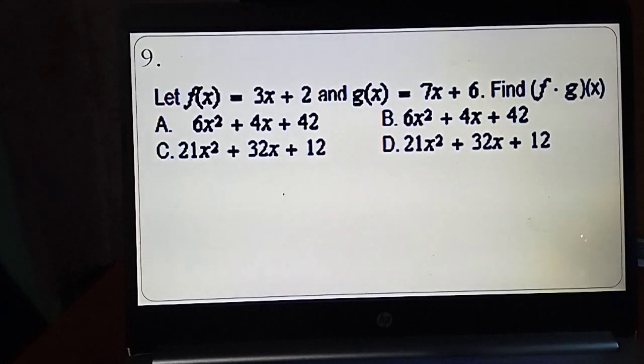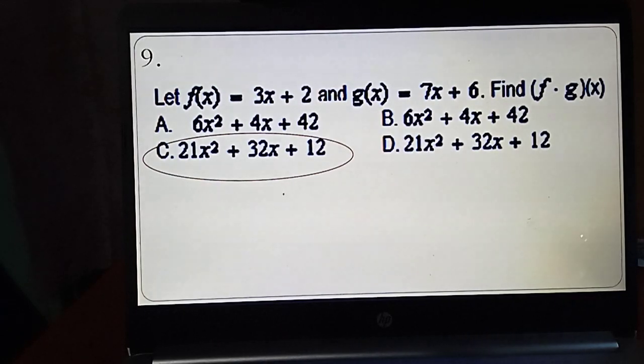So where is that? 21x squared plus 32x plus 12. That is letter D. Oh, the answers of letter C and letter D are the same.